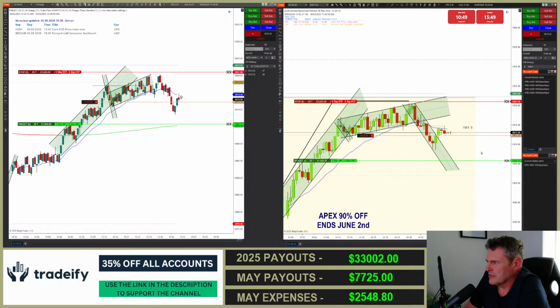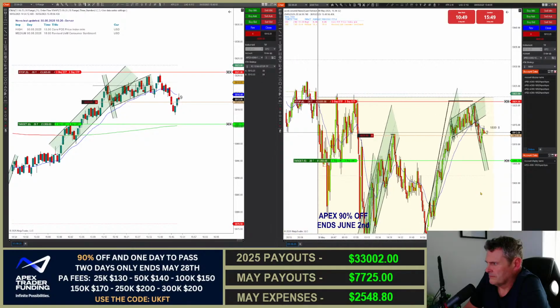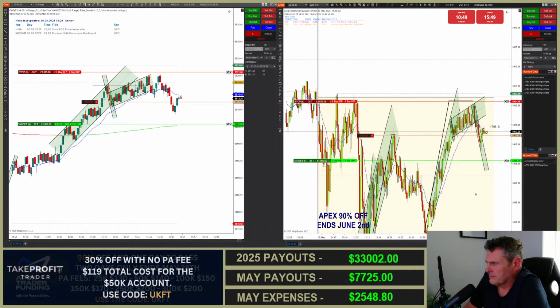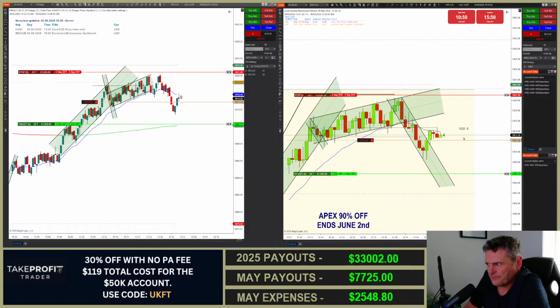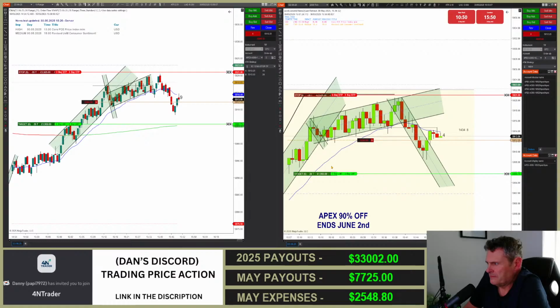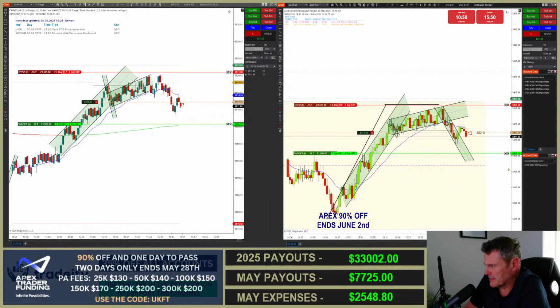Okay, that's not looking too bad. Trouble is, we may have two legs. This is looking quite rangy to me. So we've had a channel with a break, made multiple attempts, got close to the top and dropped. So my gut feeling is we're probably coming down.